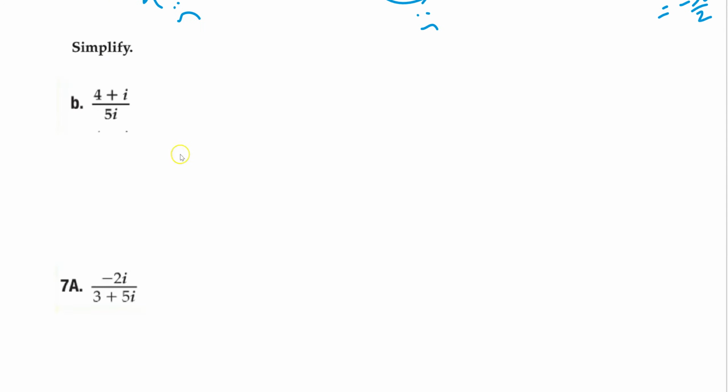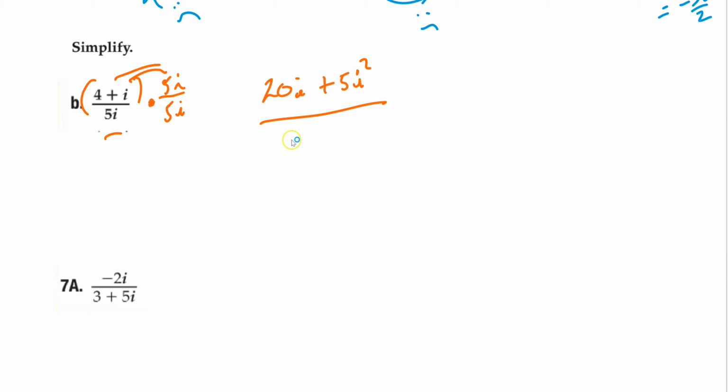Anyway, let's put this into practice real quick. So I have this, I'm going to multiply both top and bottom by 5i. You actually can just multiply by i if you want, but let's keep it easy. Distribute, you get 20i plus 5i squared all over 25i squared.